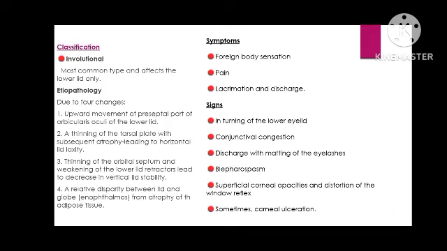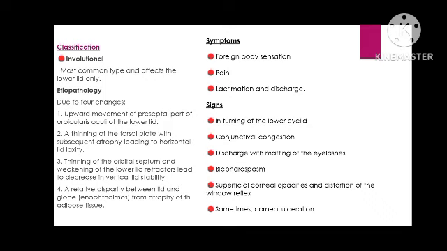Etiology is due to four changes: first, upward movement of the preseptal part of the orbicularis oculi of the lower lid; second, thinning of the tarsal plate with subcutaneous atrophy leading to horizontal lid laxity; third, thinning of the orbital septum and weakening of the lower lid retractors leading to decrease in vertical lid stability; and fourth, relative disparity between the lid and globe from atrophy of the adipose tissue.